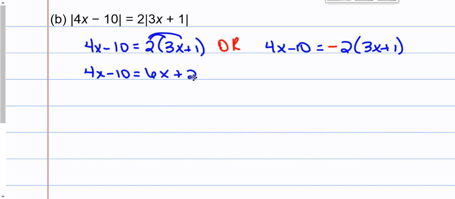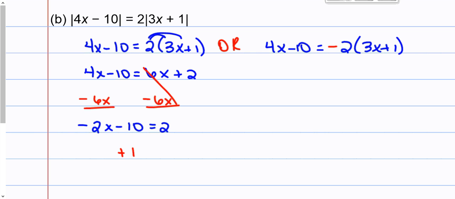Move all of your x's to the left. So we're going to subtract 6x from both sides of the equation. So 4x minus 6x is going to give me a negative 2x minus 10 equals 2. Now you can add your 10 to both sides of the equation.